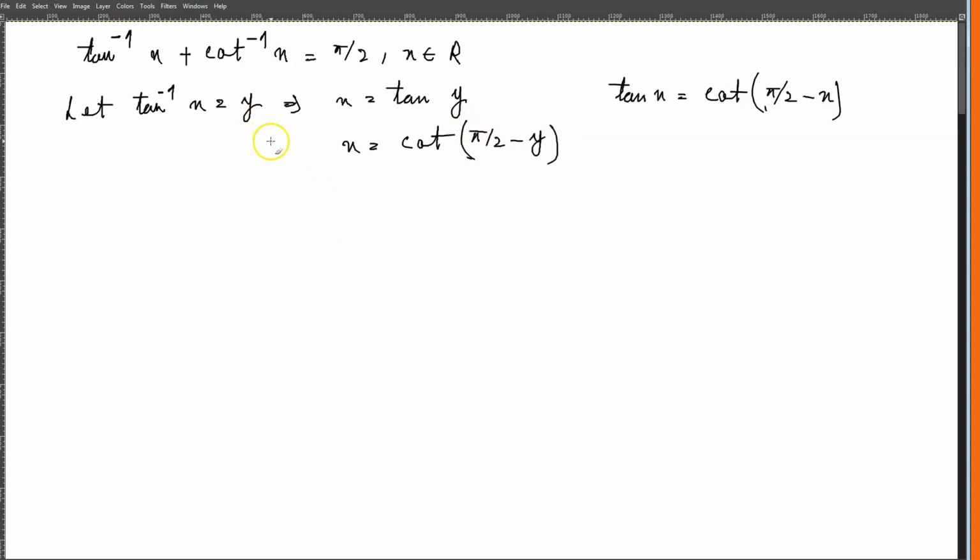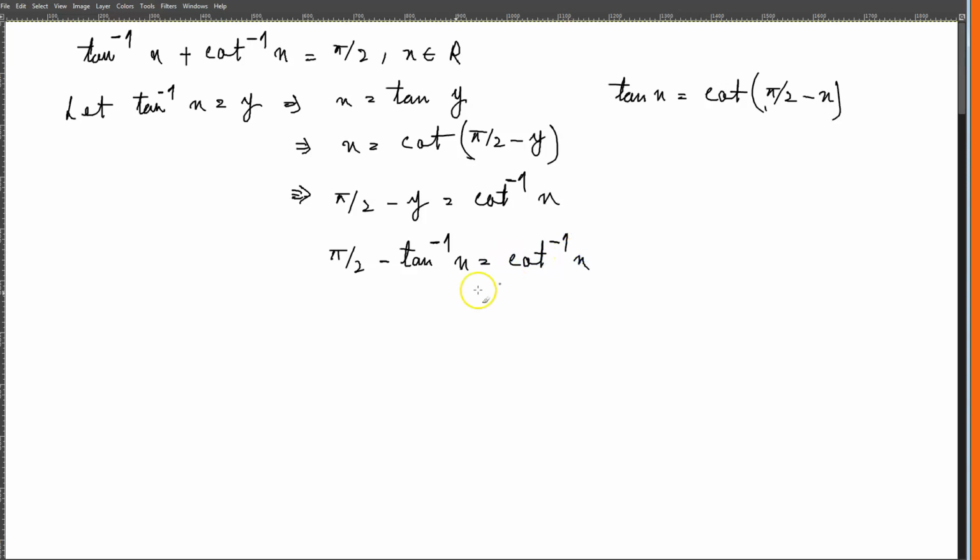And that basically means that pi by 2 minus y is equal to cot inverse of x. And y is equal to tan inverse of x, so I can write pi by 2 minus tan inverse of x is equal to cot inverse of x.